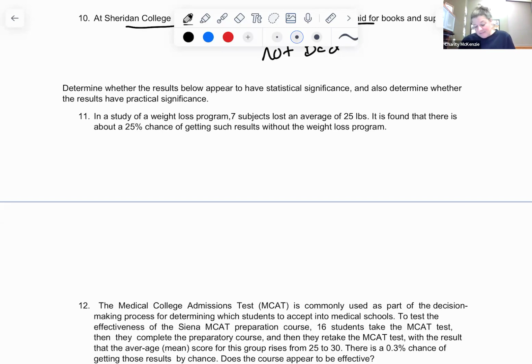So, does this have statistical significance? Well, there's a 25% chance of getting this result without this program. So it's not less than 5%. So there's no statistical significance.